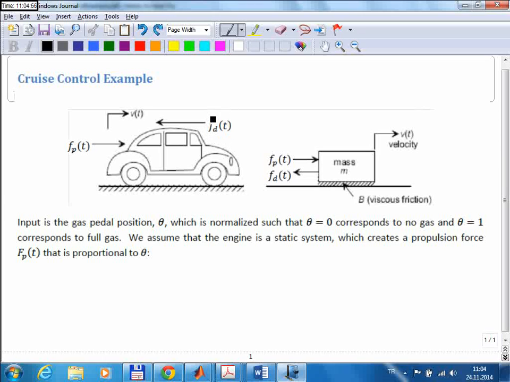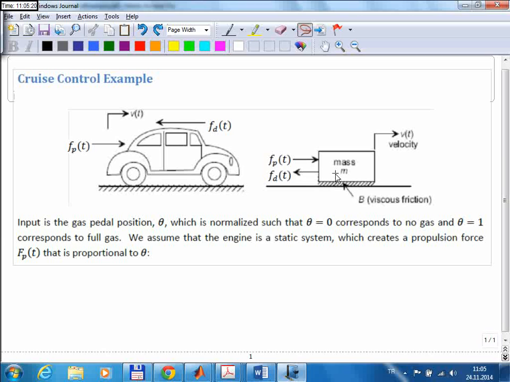So if you want to write the equation of motion for this system, this is the mass which represents the car. This is the force we apply using the engine, and this is the disturbance force. And the only additional force, along with these two forces, is the viscous friction force.